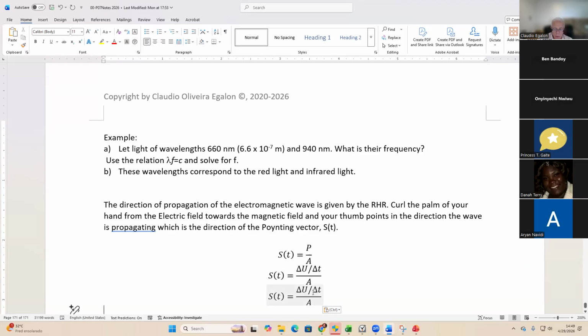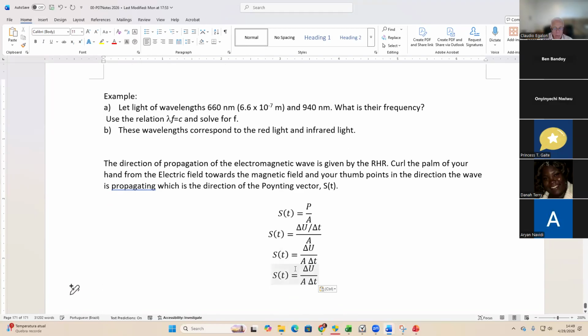I'm going to put the delta t downstairs. And I'm going to do something else too. I'm going to multiply the top by c and the bottom by c as well.